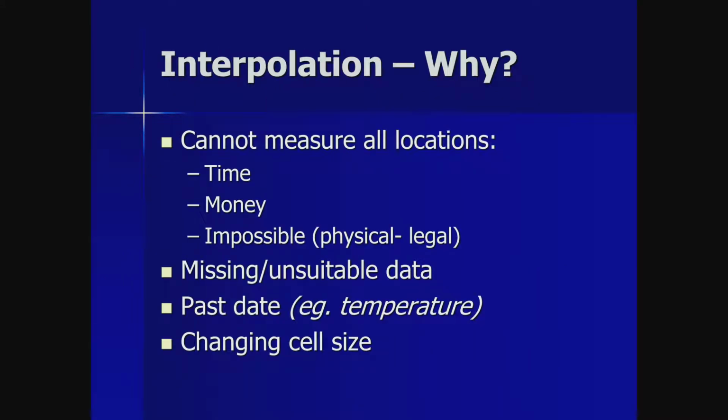So we talked about this a little bit at the beginning. Why? Well, we just simply can't measure every location. We don't have enough time or money, besides the fact that it could just be impossible to go everywhere. And so if we have missing data or unsuitable data, how do we fill in that data? That's interpolation. We're going to talk mostly about spatial interpolation, but we could also interpolate data through time, temporal interpolation.